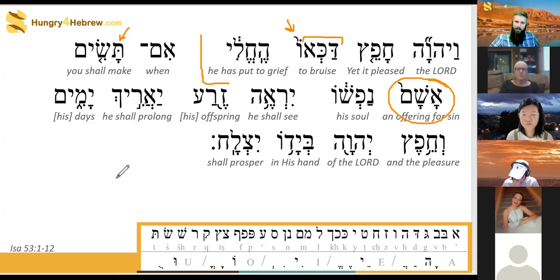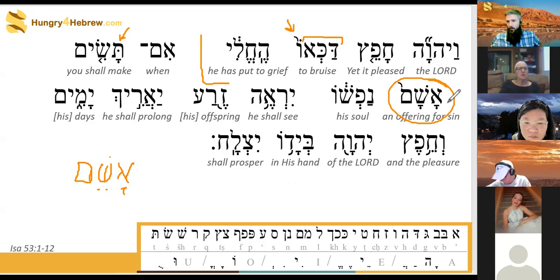If it's a state of being verb, it should be Ashem. Isn't it the trespass or guilt offering? Yeah, guilt offering. If somebody stands before the judge, he'll ask, are you guilty? He said, no. So that's the word for guilt, and therefore guilt offering, nafsho. So his soul is as an asham.